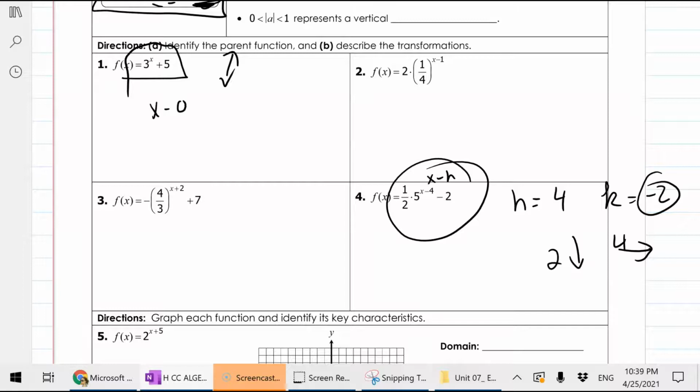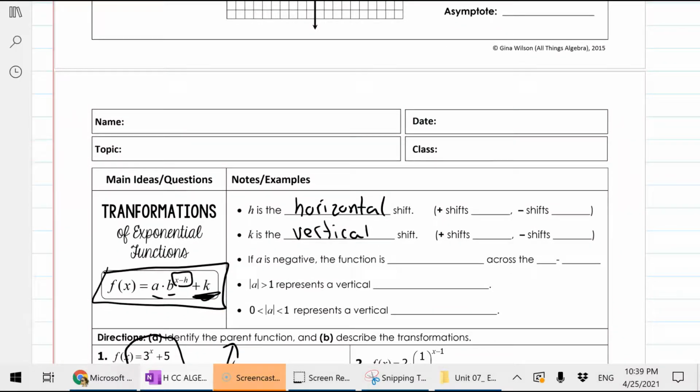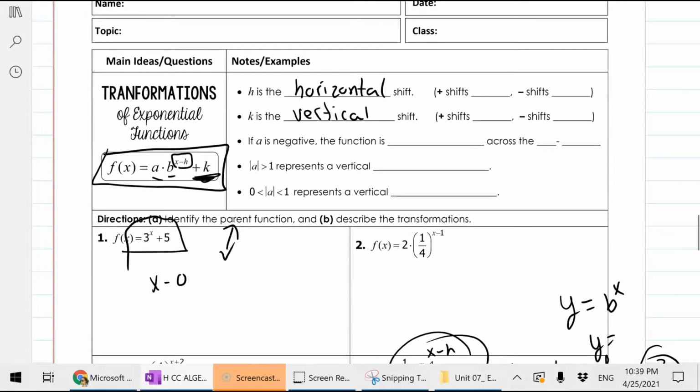So it's going to basically be your parent function of y equals b to the x power. Plus shifts, minus shifts. Let's go back to this.